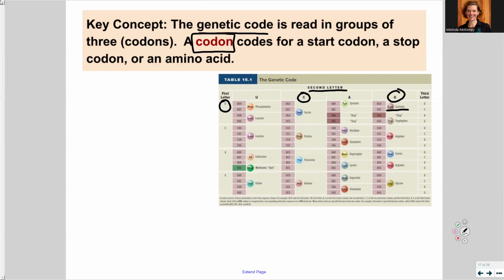Since we have a total of 4 different letters possible, there's 4 raised to the power of 3, which gives us 64 different possible codons. So there's 64 codons. Now we don't have that many amino acids. We have about 20 amino acids.